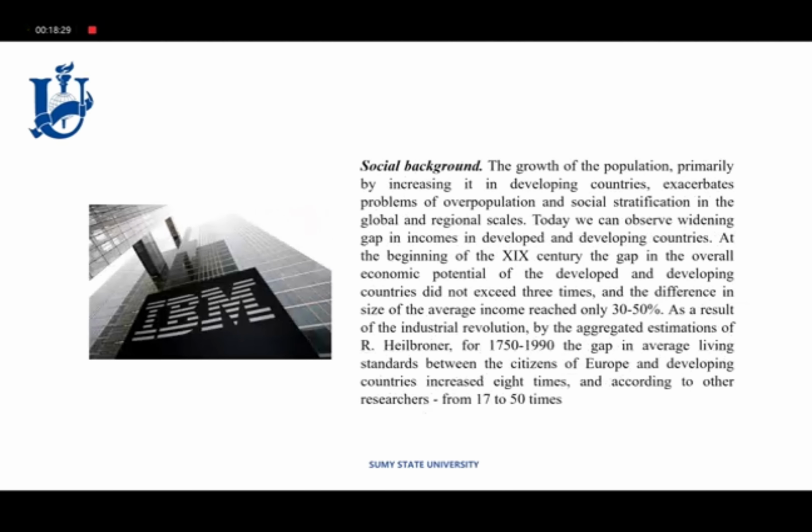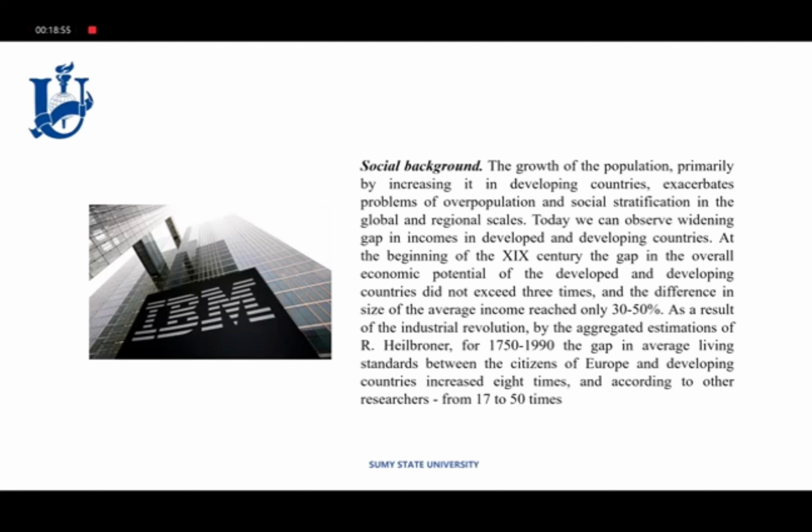This is about the social background. As for the social background, the growth of the population, primarily its increase in developing countries, accelerates problems of overpopulation and social stratification on global and regional scales.